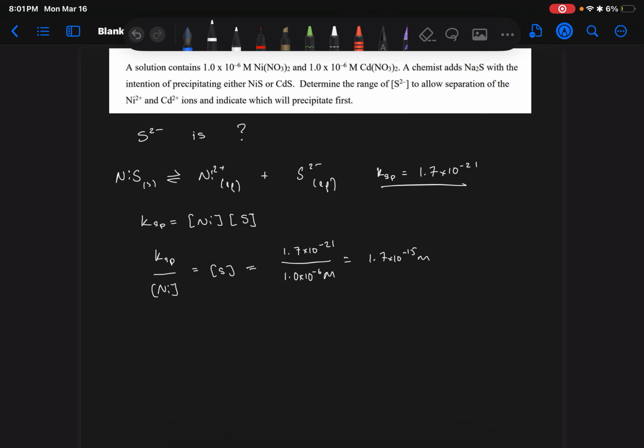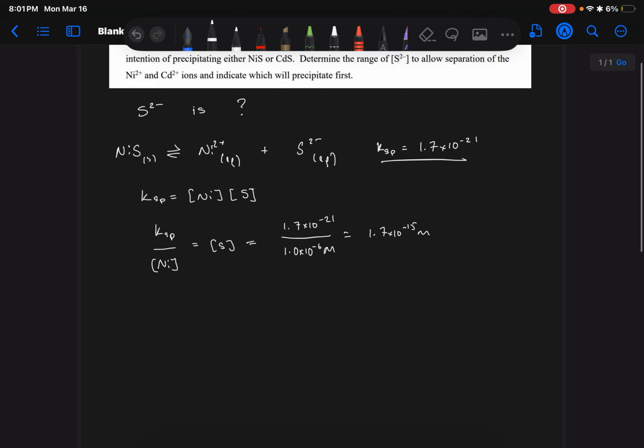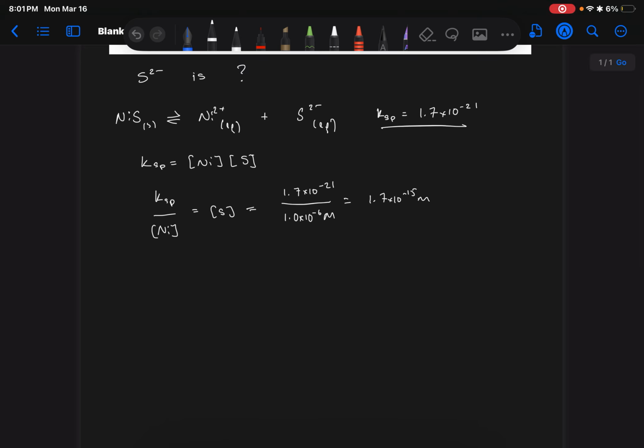So the next is cadmium, but I might be saying the completely wrong name. We'll write the exact same reaction, CdS solid, and for me the Ksp is equal to 1.4 times 10 to the negative 29.